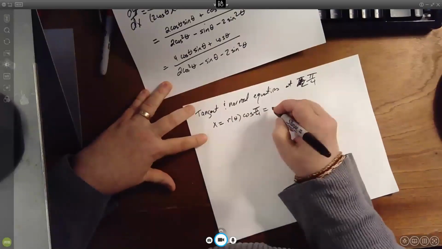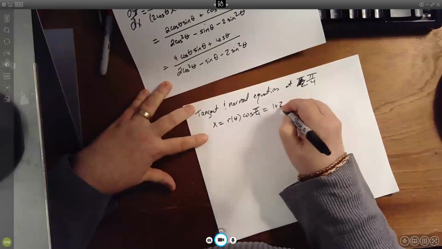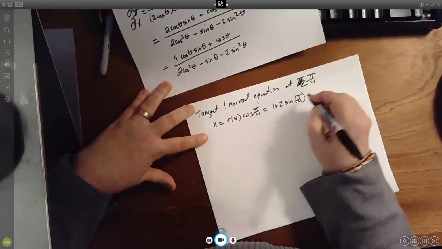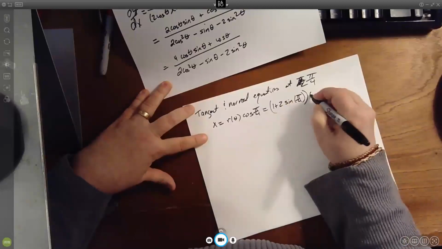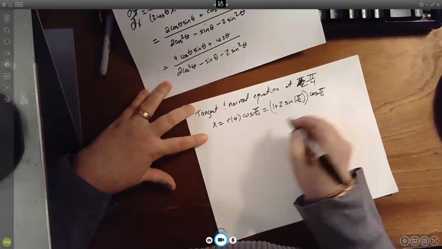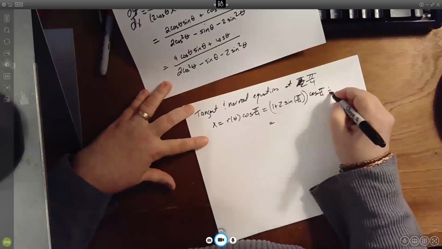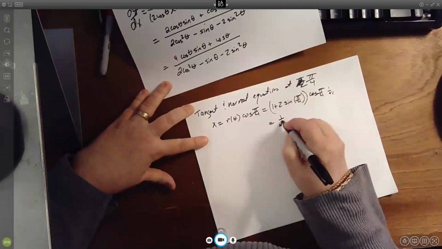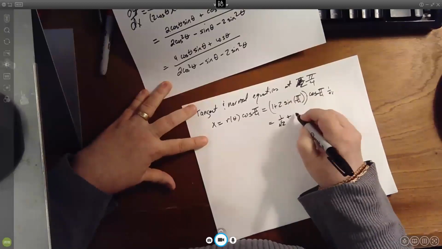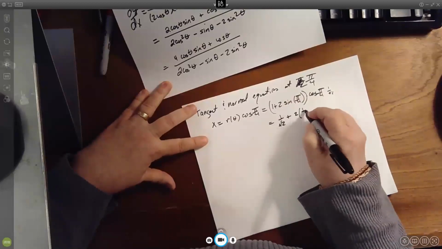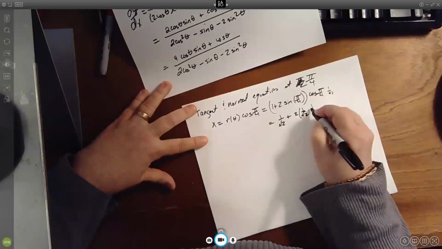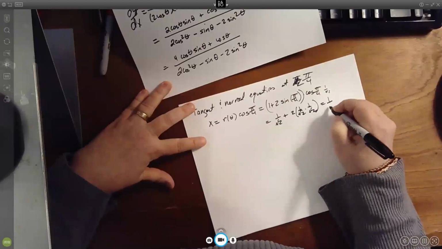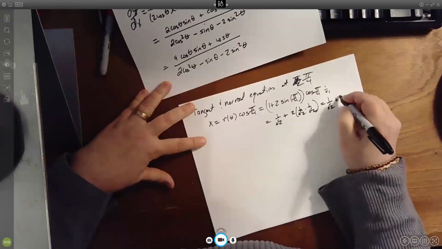So I have 1 plus 2 times sine of pi over 4 times cosine of pi over 4, which is 1 over the square root of 2. Multiplying through, I have 1 over the square root of 2 plus 2 times 1 over the square root of 2 times 1 over the square root of 2. That gives me 1 over the square root of 2 plus 1.